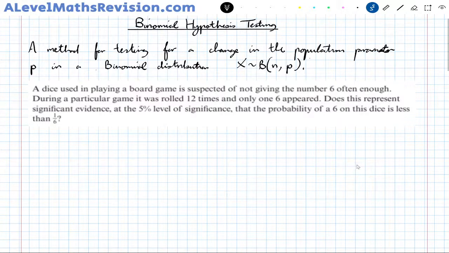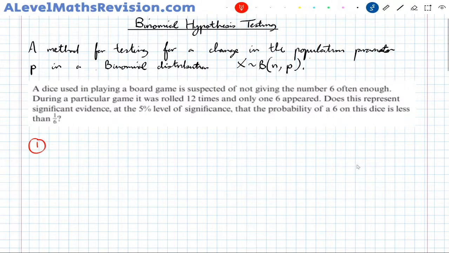So first of all, step 1. We're going to test objectively whether this dice throws enough 6s out. We suspect it doesn't.